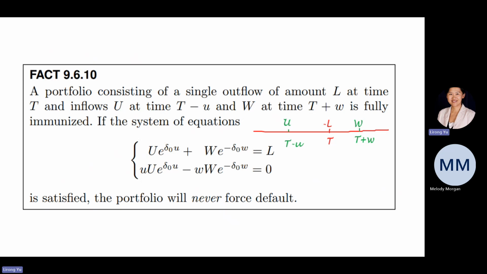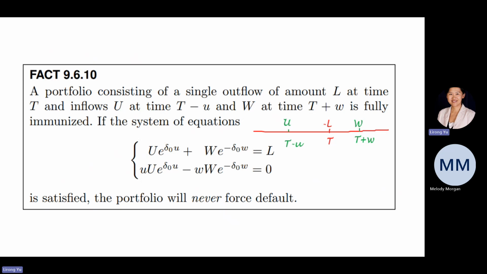Basically, let's summarize. Suppose you have a portfolio consisting of a single outflow, a single liability, and then you have an inflow U at time T minus u and W at time T plus w. I draw the timeline, just indicating the liability in the middle, and then before and after the assets.